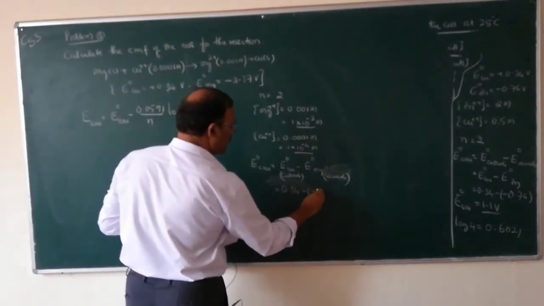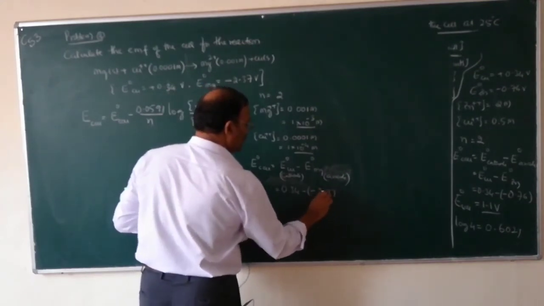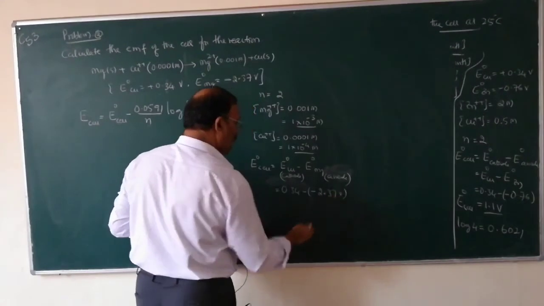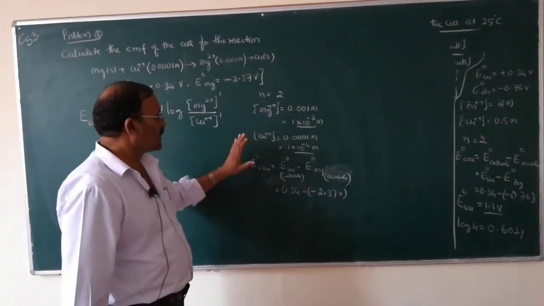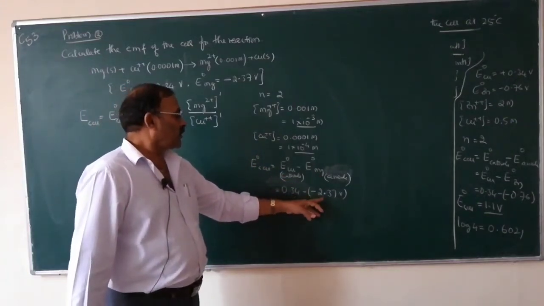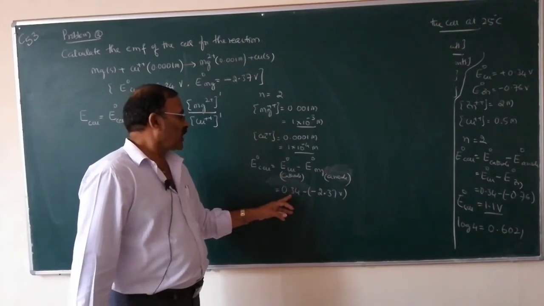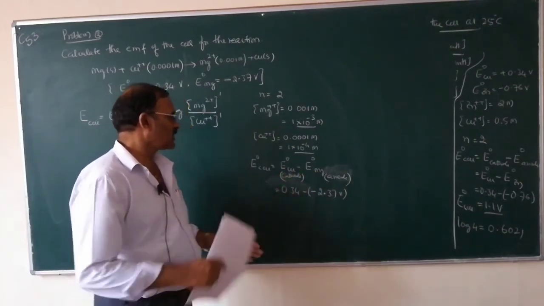0.34 minus of minus 2.37. So always remember, to calculate E naught of cell, subtract the lower E naught value from the higher E naught value. This one is lower, this is anode; this one is higher, this is cathode.